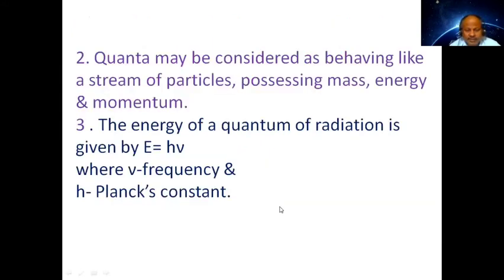Second statement, quanta may be considered as behaving like a stream of particles possessing mass, energy and momentum. Third, the energy of a quantum of radiation is given by E is equal to h mu. Here h is the Planck constant and mu is the frequency.